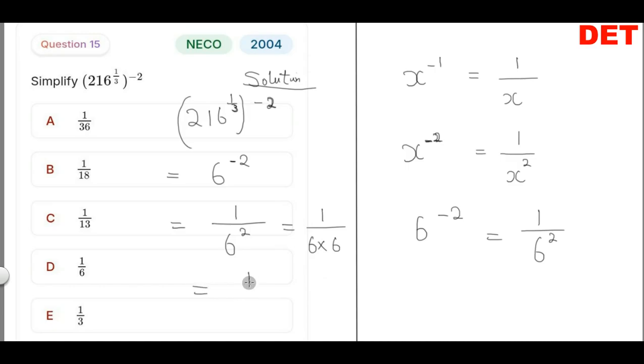So this is equal to 1 over 36. This is our answer to this question. So the correct answer to this 2004 NECO question is option A, 1 over 36.